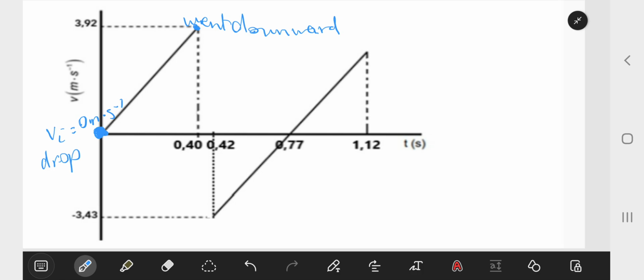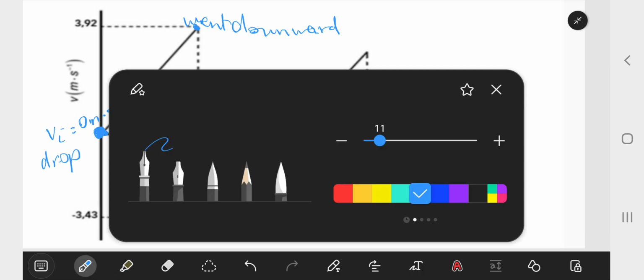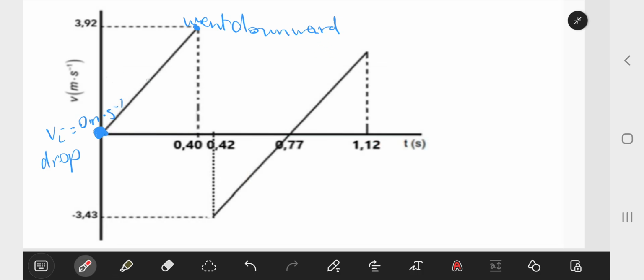And then the next question is, what is the physical quantity represented by the gradient of these lines? You can see that this is a straight line here, and that is also a straight line.